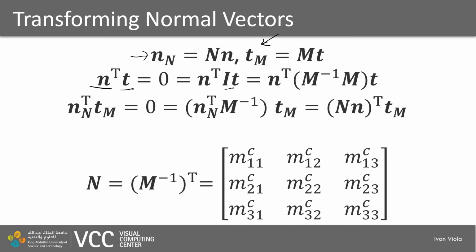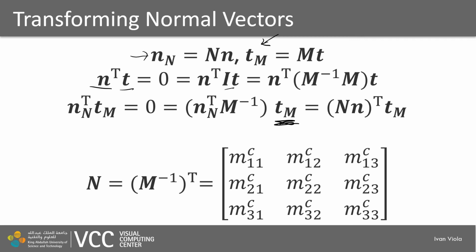And then we will change the identity matrix into a multiplication of M with its inverse, which results in an identity. And then we just perform an associative operation where we change where the brackets are positioned, and we will realize that MT is equal to the transformed tangent.